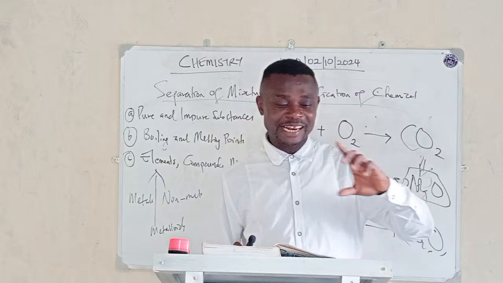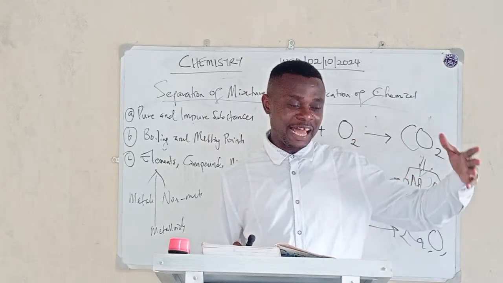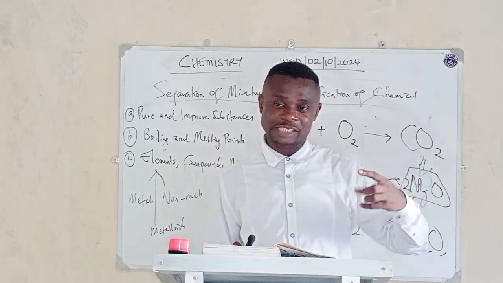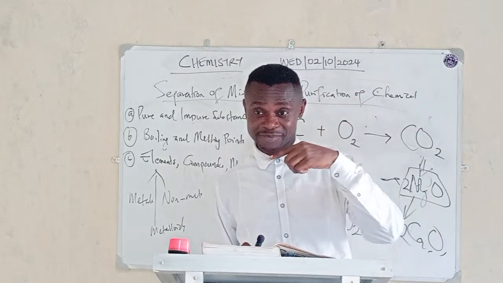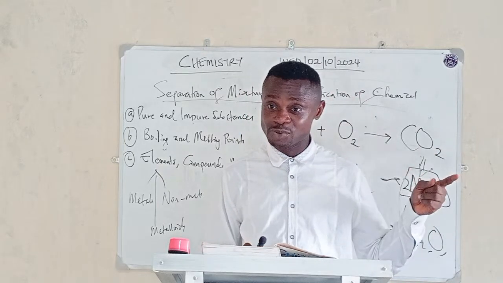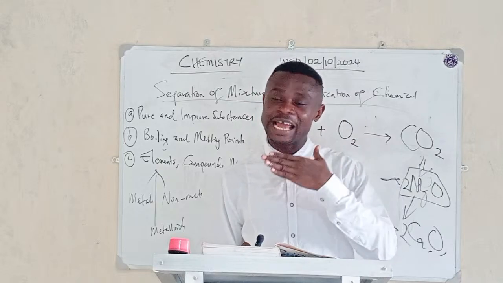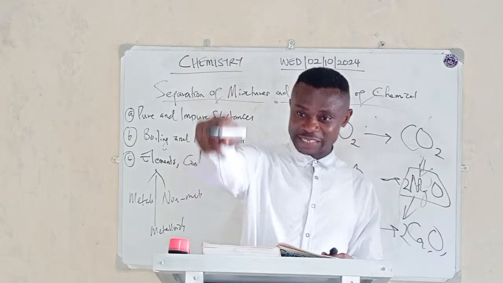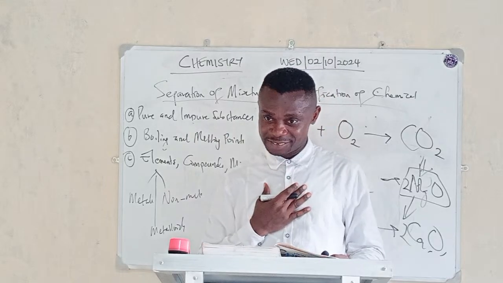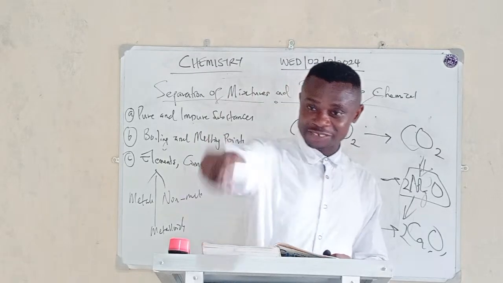Now, let me explain. Metals are taken as reducing agents. Metals lose electrons. If I am the metal and you are the non-metal, I will lose electrons and give you electrons.